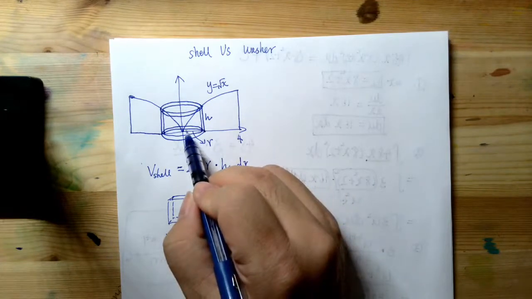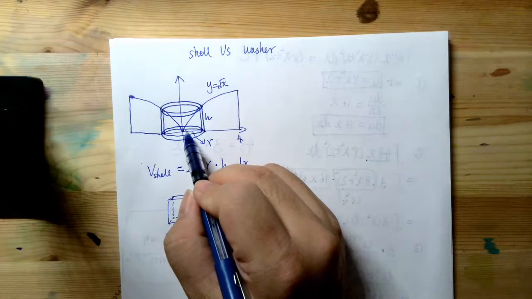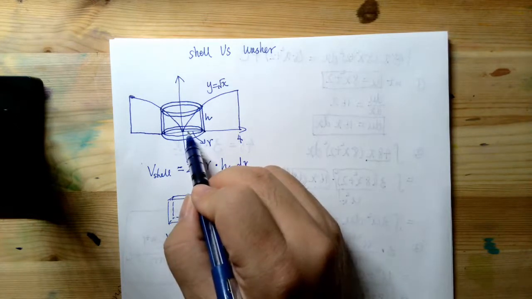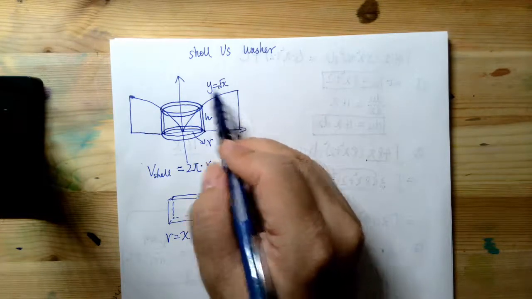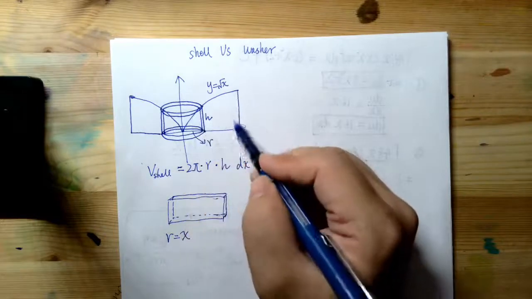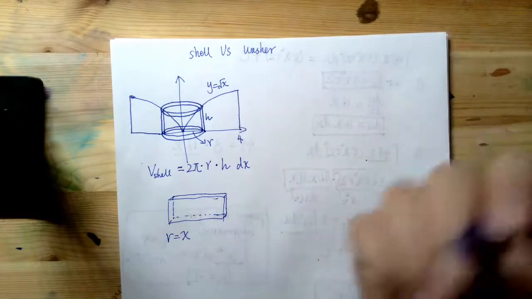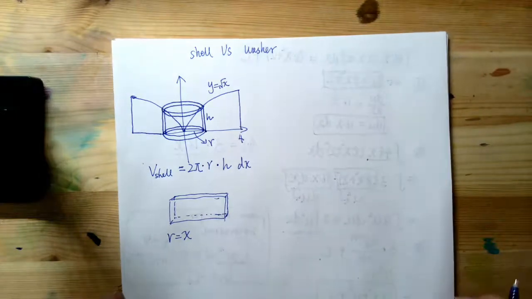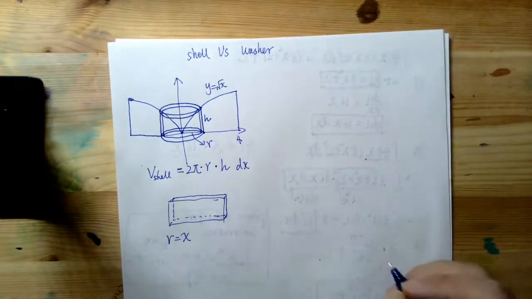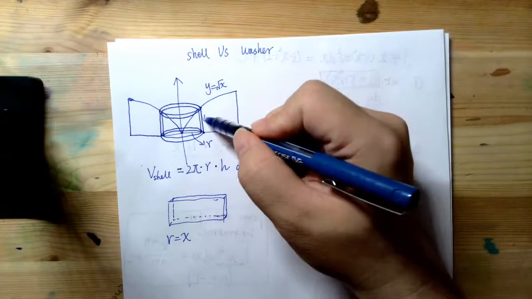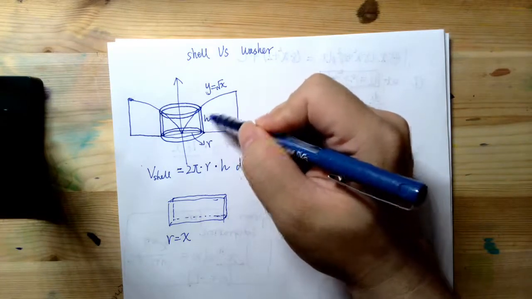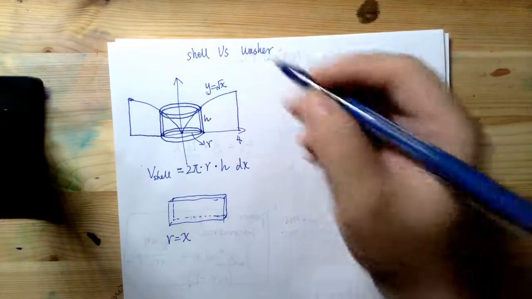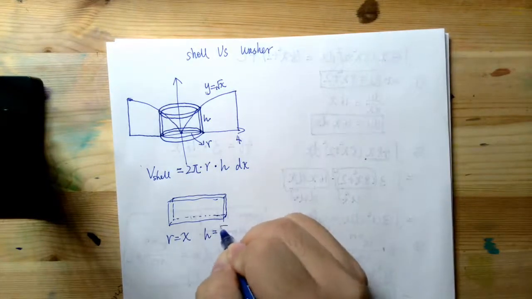When the radius is very small, you have a very tiny shell, and as x becomes larger, the radius of the shell becomes larger, and the height also becomes larger. You can imagine this in 3D. When x is here, the height is the corresponding y value, which is square root of x.